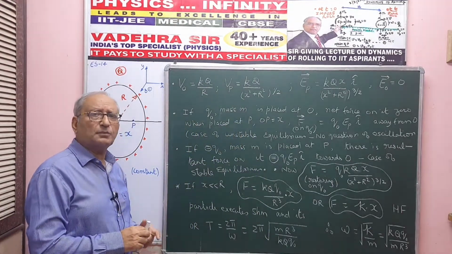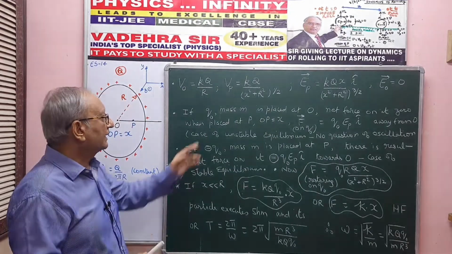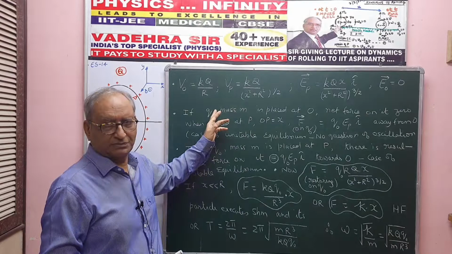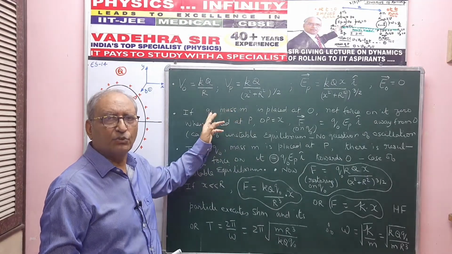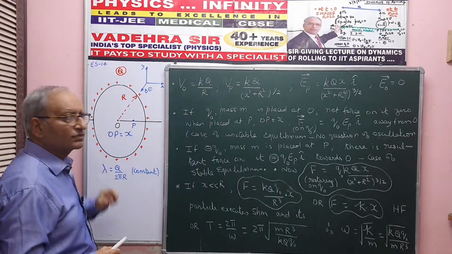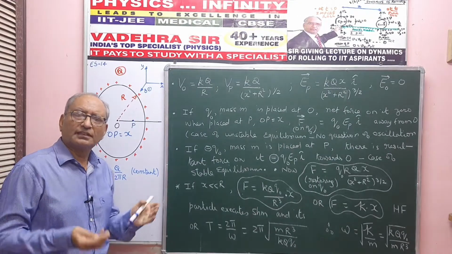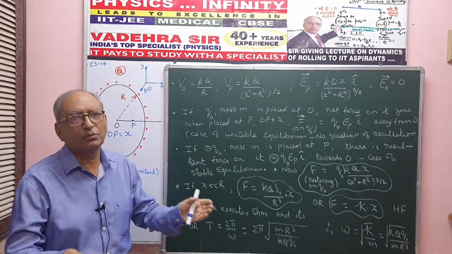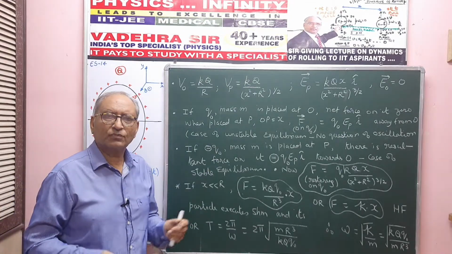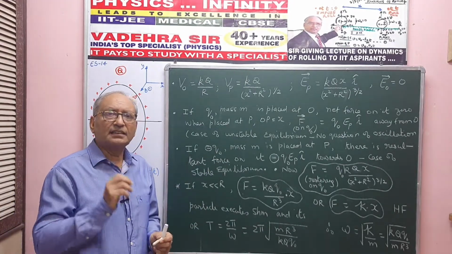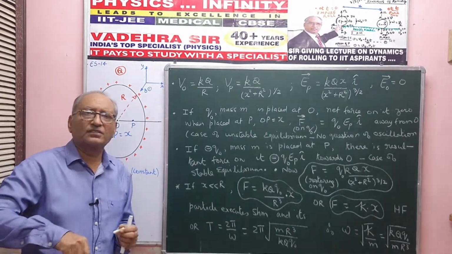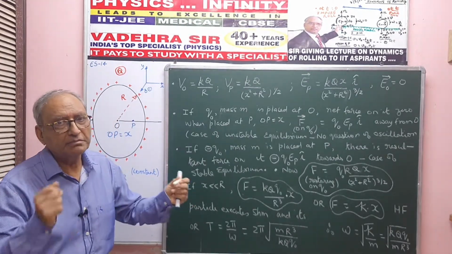If I take a charged particle of mass m, and having charge q naught, and I place it at the center of the ring O, then the intensity at the center is 0, so the force on the charged particle would be 0. This means I can say that the charged particle placed at the center of the ring in the field of the ring is in equilibrium.